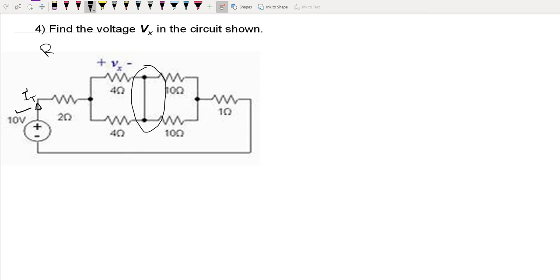Even though there is one wire being connected, that wire resistance is 0, no? Because nothing is shown here. That means this potential is the same as the potential at this point. I can simply make it a single point. If I make it a single point, then the circuit is quite clear, I think.